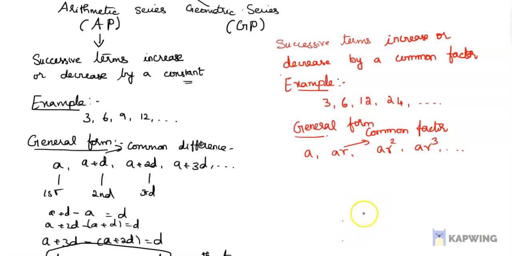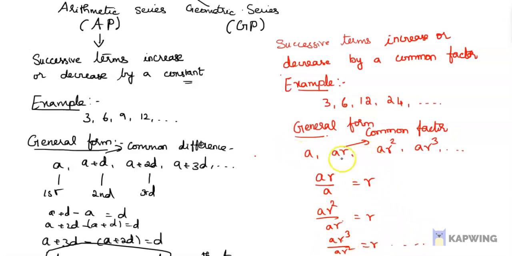So we'll check it now. Consider that we find the ratio between the successive terms. That is ar by a equal to r, then ar square by ar equal to r, ar cube by ar square is equal to r, etc.